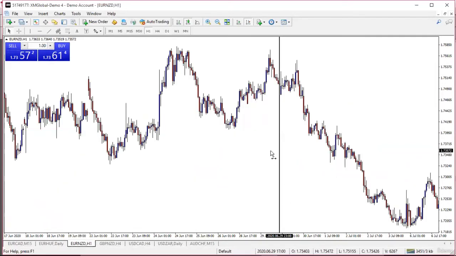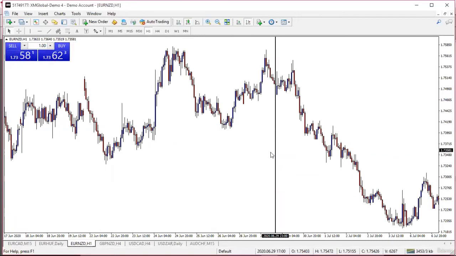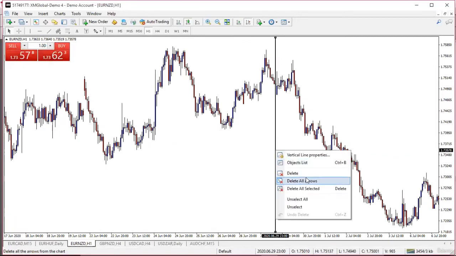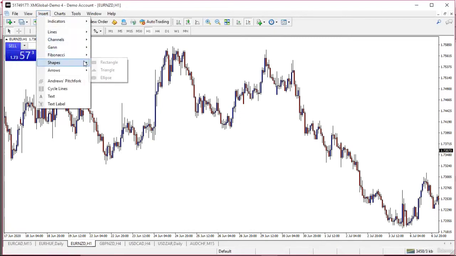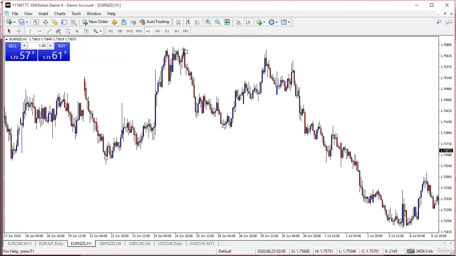We have an example here of a good double top formed when the market was bullish on this time frame. So creating these highs, lows, going to react to a previous resistance.